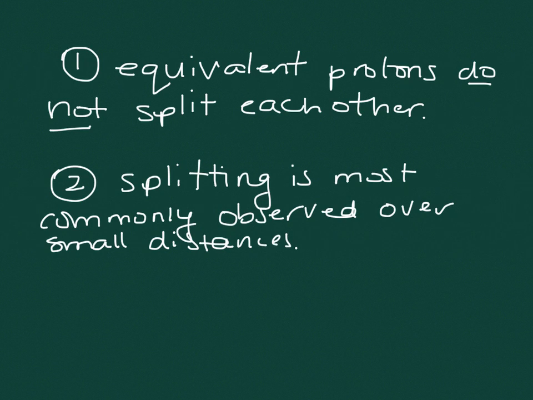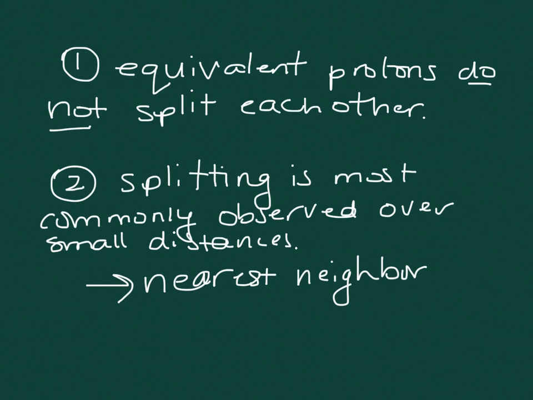What this means is that for our purposes, we are going to look at splitting with the nearest neighbor. So 1 bond away. And we'll practice looking at splitting patterns when we practice drawing and interpreting NMR spectra.